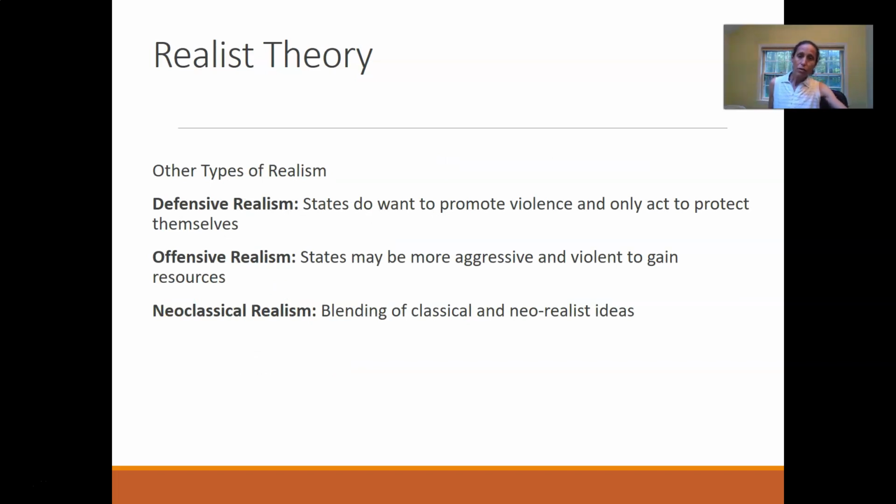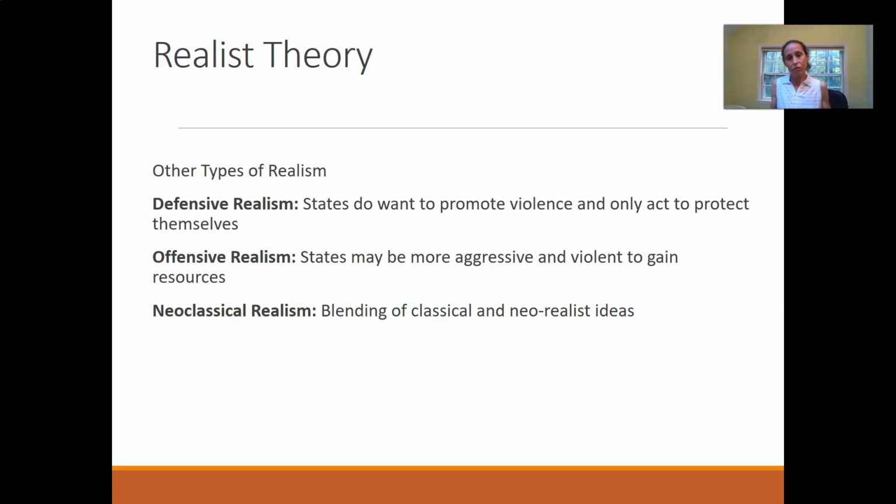Now, if you further look into realism, you can talk about defensive realism, saying that we only want to be able to protect ourselves. For that cause, we may at times have to use violence, but we don't like to use violence, and we'll never use violence in order to take over others, just in order to protect myself. So that's why we call it defensive realism.